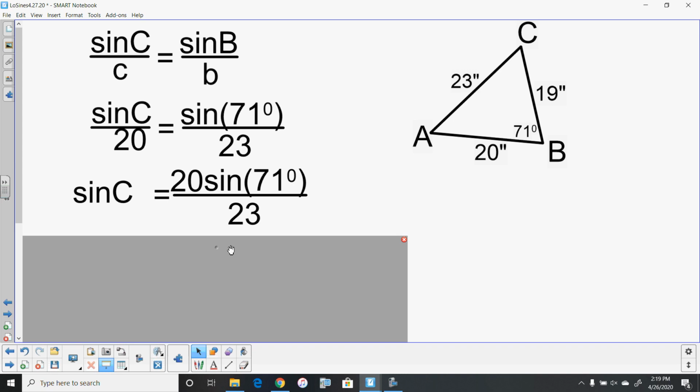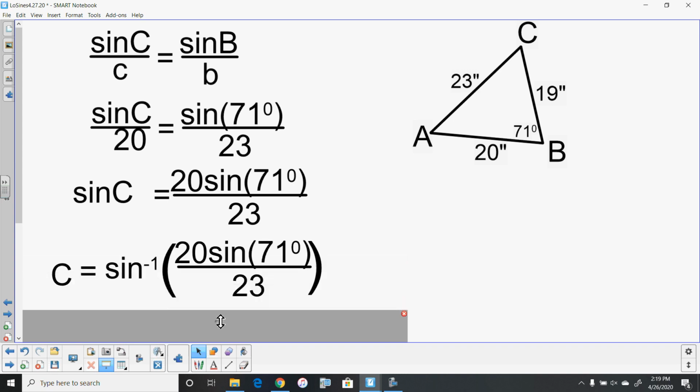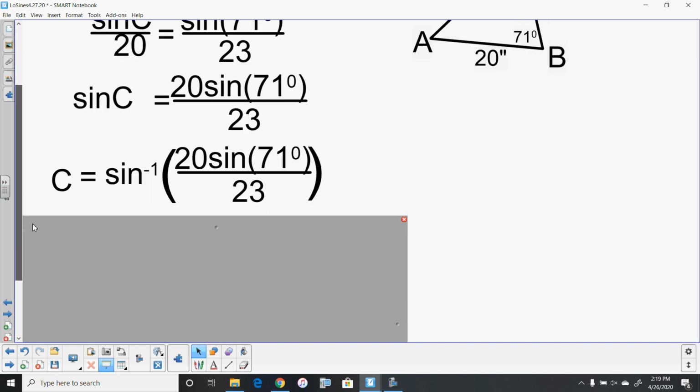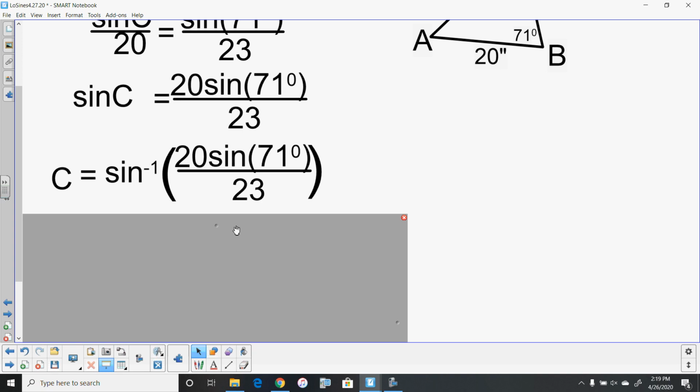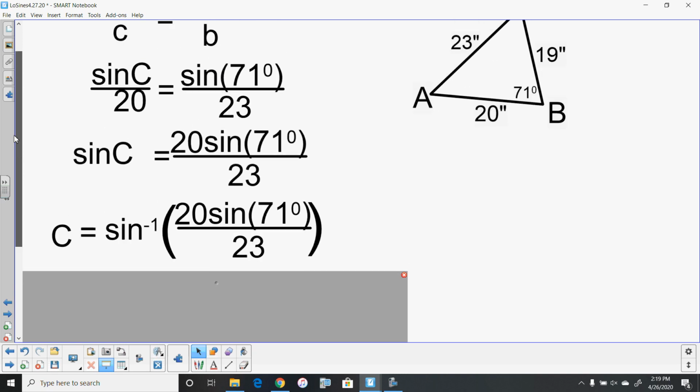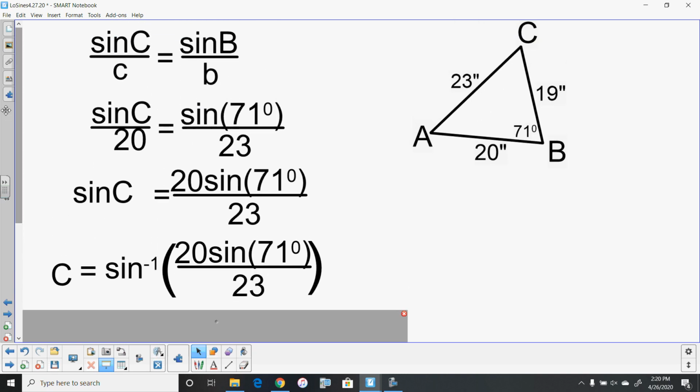And to go from sine of C to C, we don't use sine, we use the inverse sine. So we're just taking the whole inverse sine of that right side there. Inverse sine of 20 sine 71 over 23. And let's go back to the triangle first. We knew that B was 71 degrees, and it was across from a side length of 23 inches.